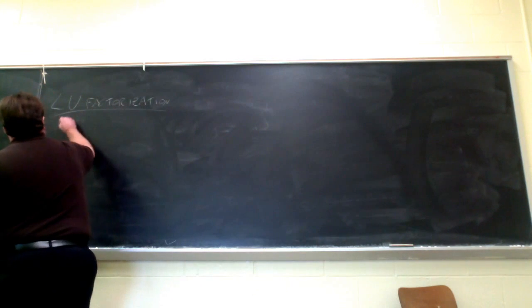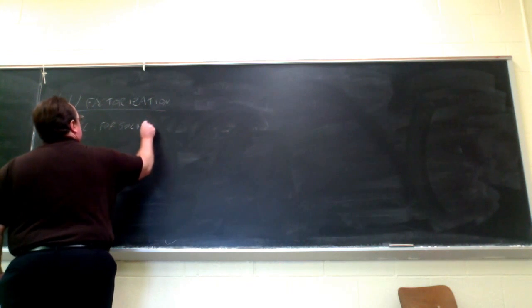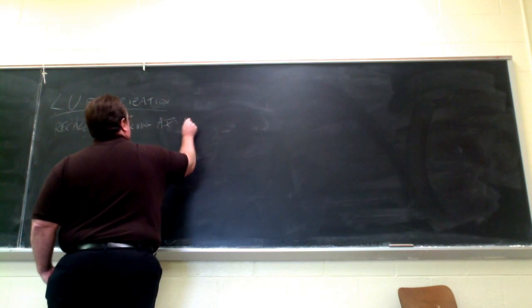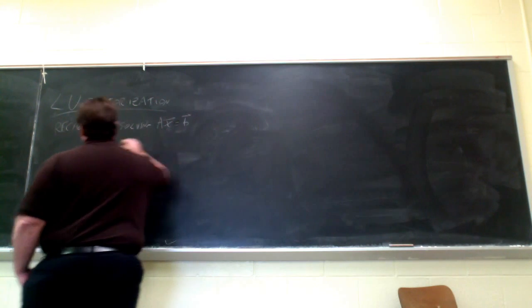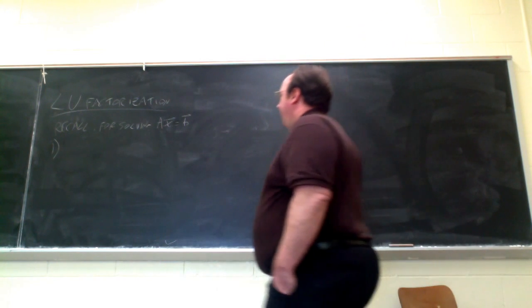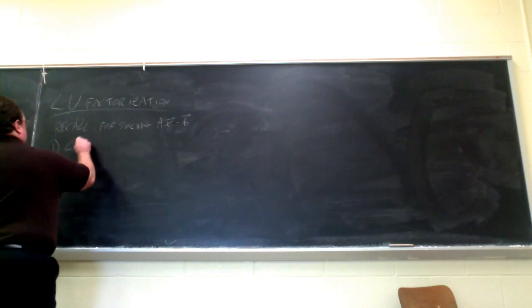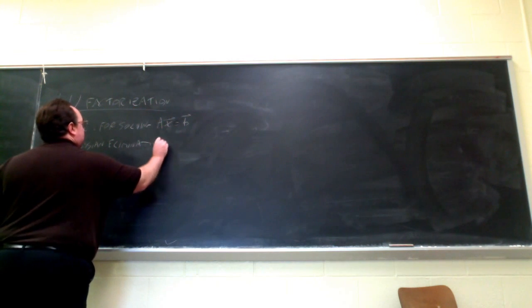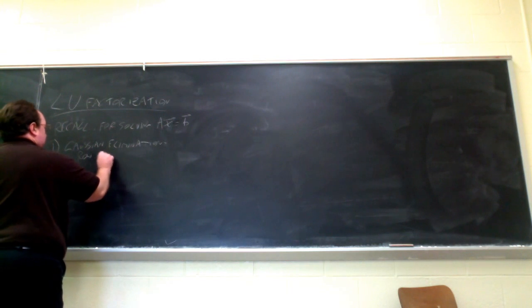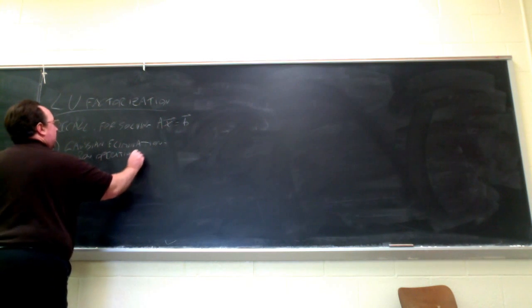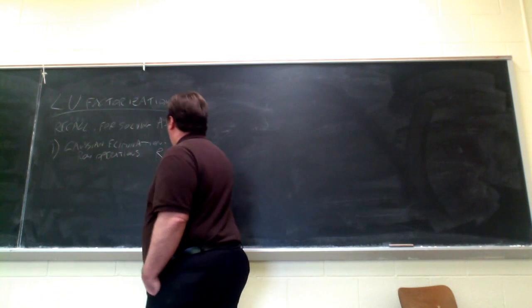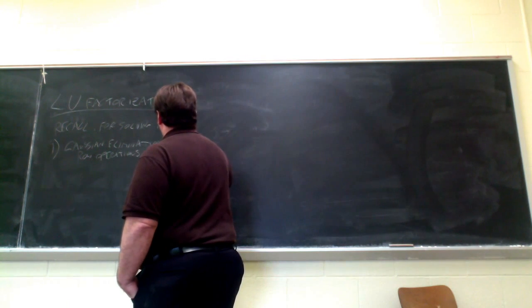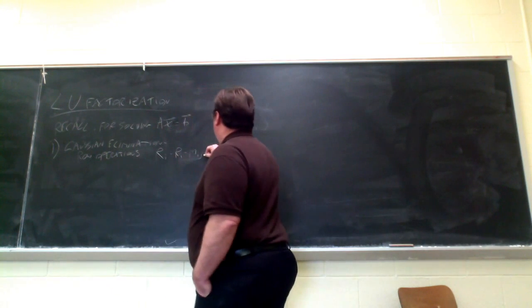So what we dealt with last time is basically a recap of what you'll learn in your first linear algebra course for solving AX equals B. That you're using Gaussian elimination, so row operations of a form row i is equal to itself minus a multiplier, m_ij, times row j.